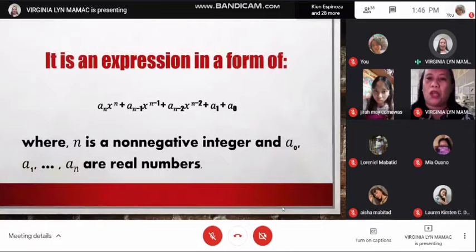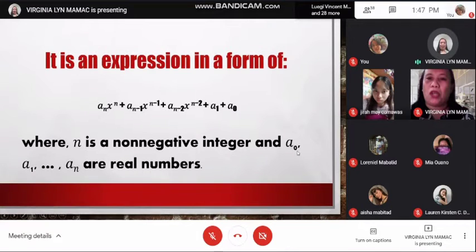It is an expression in the form of this representation, the general representation of a polynomial expression, where n is a non-negative integer. When you say non-negative, it is a positive integer.